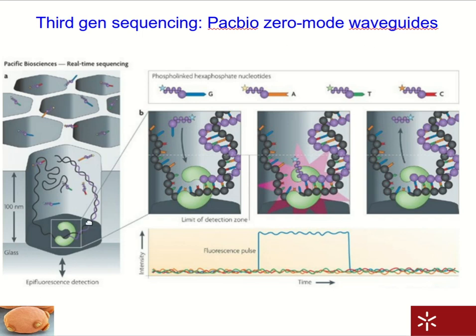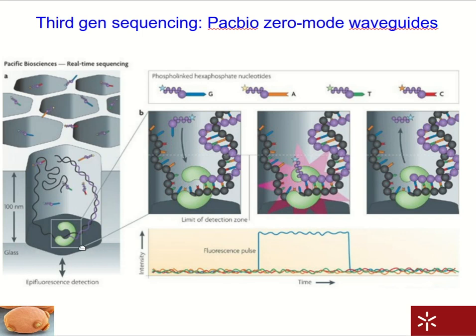Here you use the same kind of cells that maybe you use for the 454 technology, but instead of a sphere here you have one and only one DNA polymerase attached to the bottom of this well, and then you add one DNA molecule, and this polymerase will copy this DNA molecule.